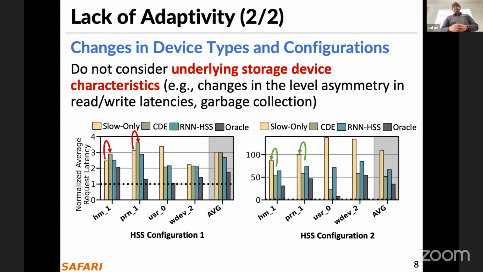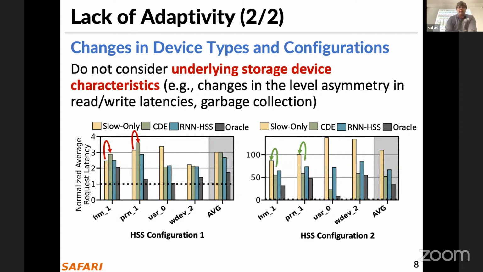So let's look at changes in device types and configurations. These policies do not consider underlying storage device characteristics, like changes in the difference between the latencies of the devices, and they also don't look at what is going on underneath in the devices, like garbage collection or some of the other maintenance policies that these devices have.